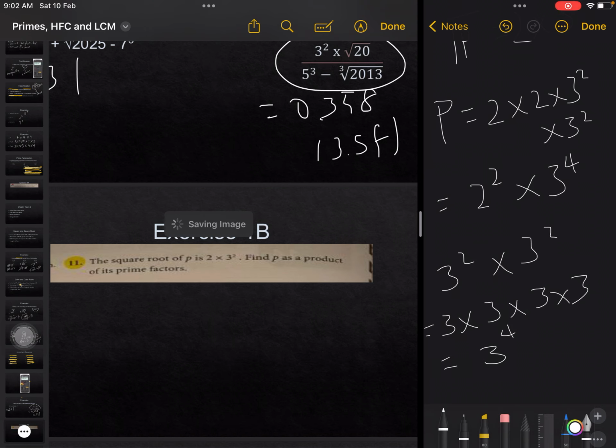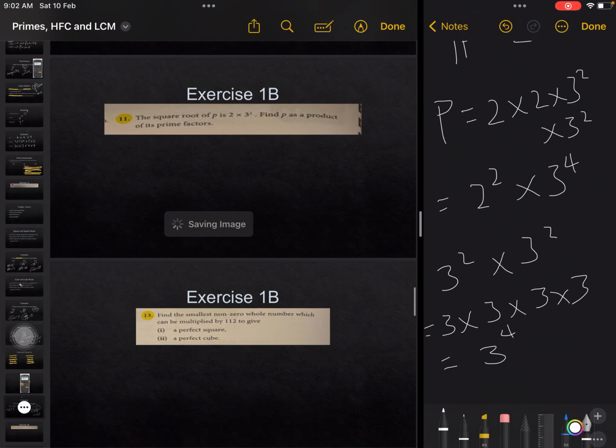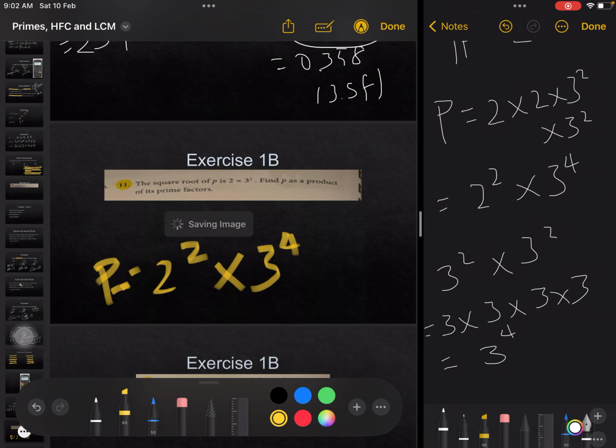So the answer is P. I'll just write here also for easy reference. P equal to 2 power 2 times 3 power 4. Okay, good.